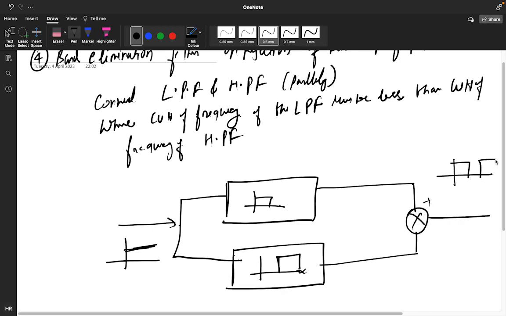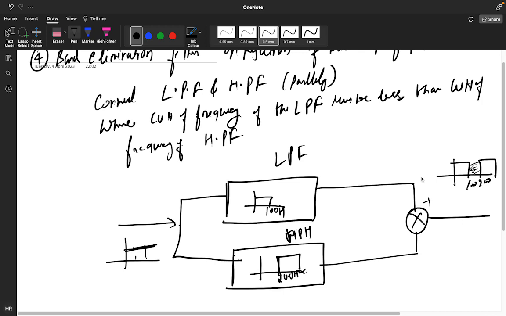So this is my low pass filter and this is my high pass filter. Suppose the cutoff frequency is 100 hertz; the cutoff frequency of the other should be greater than 100 hertz, so I am taking 200 hertz. So between 100 and 200 hertz, the response will get chopped. Okay.